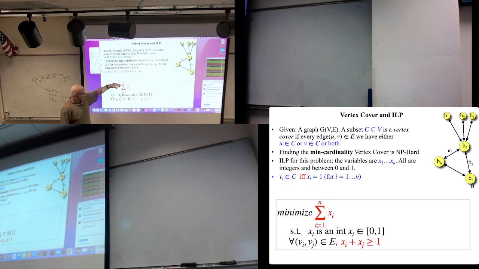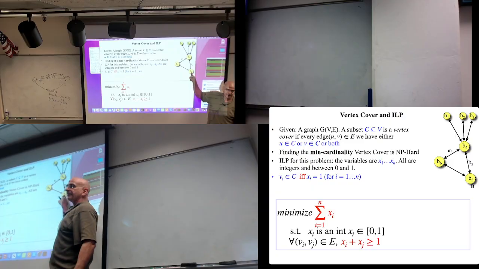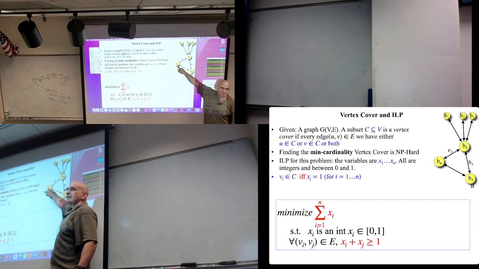My constraints would be: look at an edge vi, vj in the graph. Say, an edge between v6 and v5. What must happen in your cover? Either v5 must be picked, or v6 must be picked, or both.